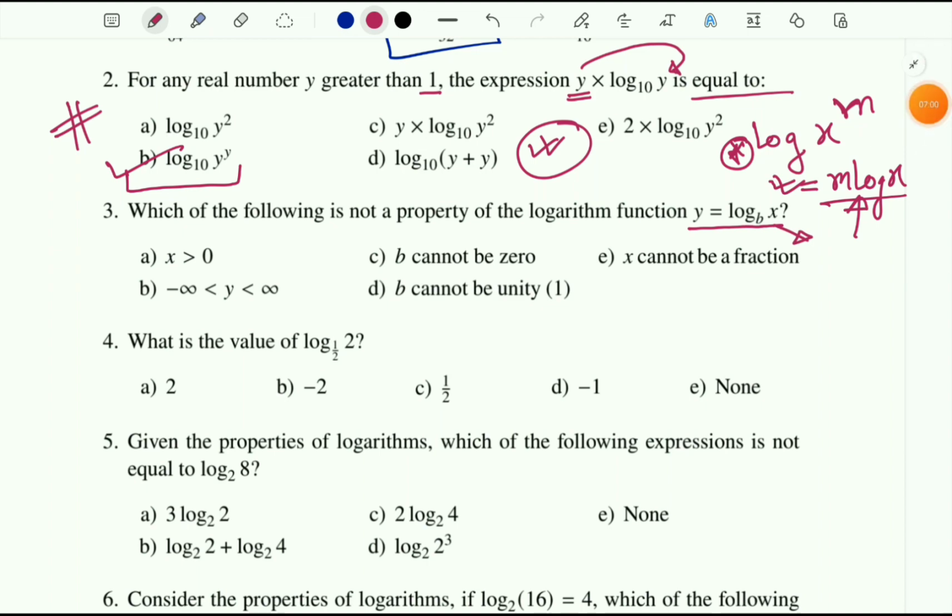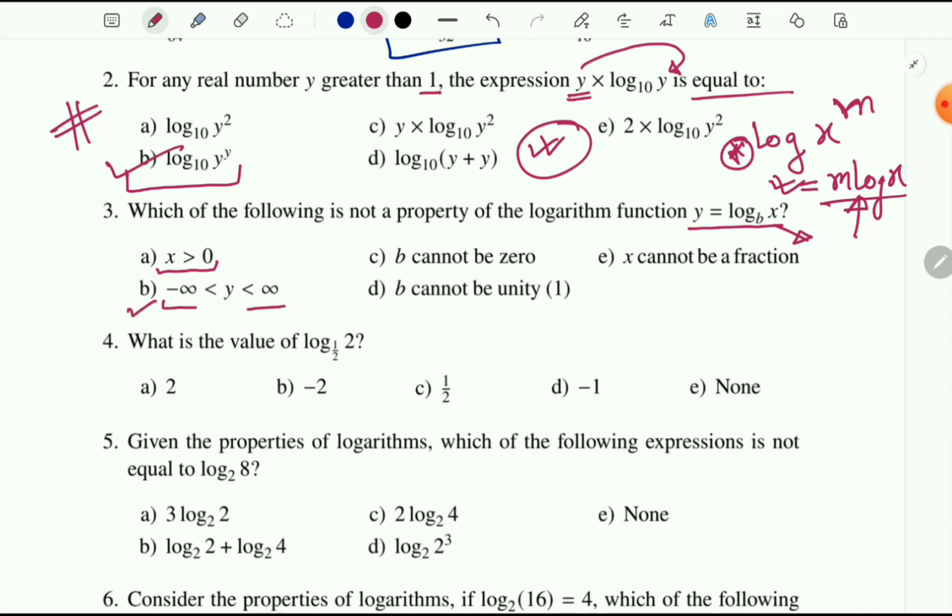From fundamental knowledge of the logarithm function, we know that x must be greater than 0. This is a property, so this is not the right answer. Y, that means the value of log base b of x, can range from negative infinity to positive infinity. This is also right. This is a property. B cannot be 0.